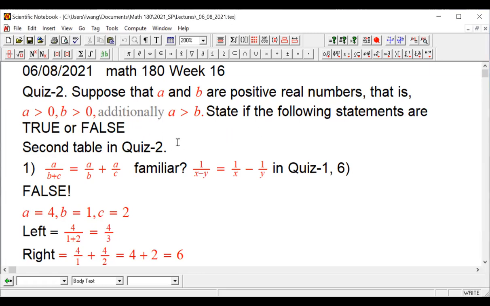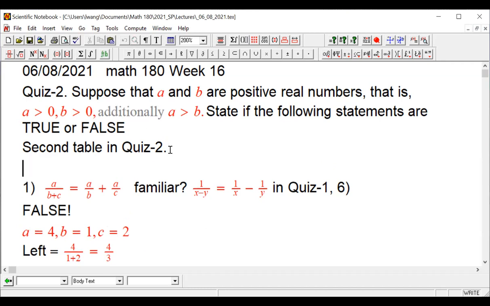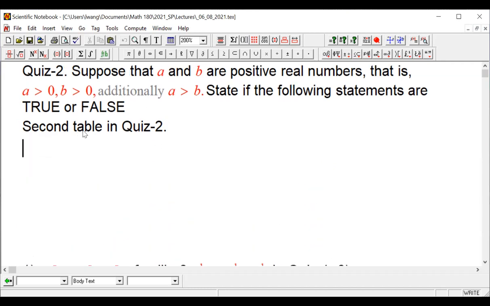Okay, the second table on quiz number 2. So these 2 mistakes are rampant, and they show up in different shapes and forms, right? For example, a plus b, and you definitely have seen some of them. I think we have addressed these mistakes, right?